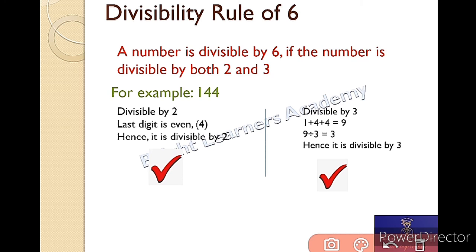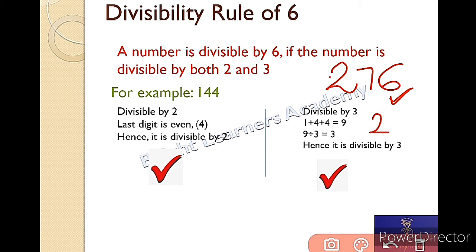Let's take one more example. If the number is 276. We have to check this number. So first check with 2. Because here 6 is the last digit, and 6 is even, it means yes, it is divisible by 2. Now let's check with 3.